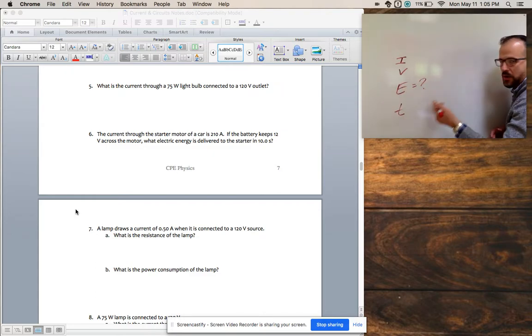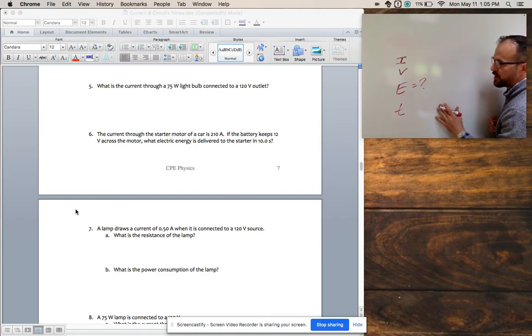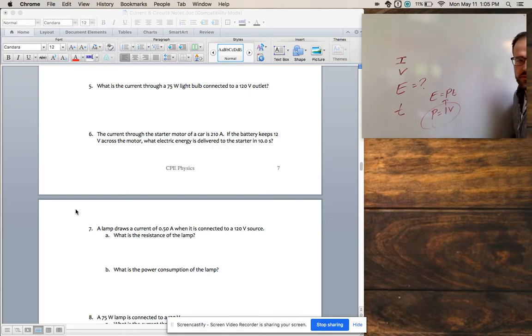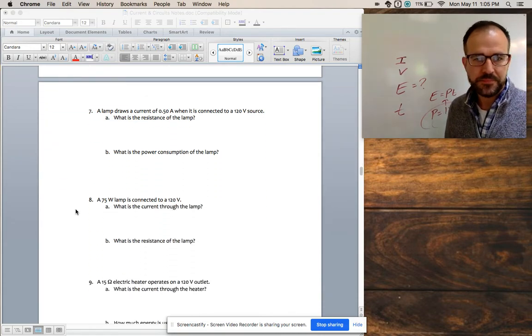We did this one in the Ed puzzle. So energy is power times time, and since power is IV, you can solve that, plug it in, and figure out the energy.